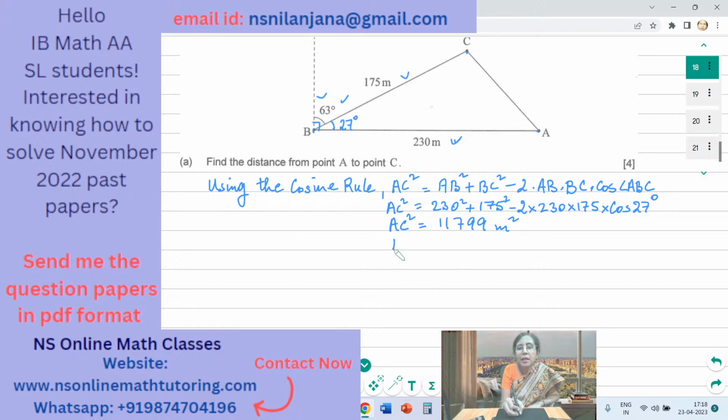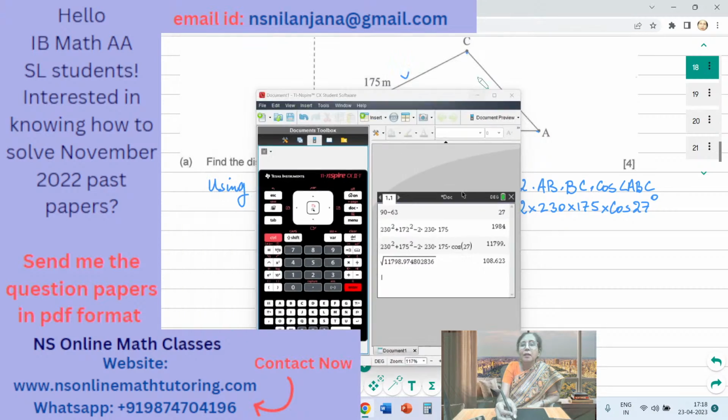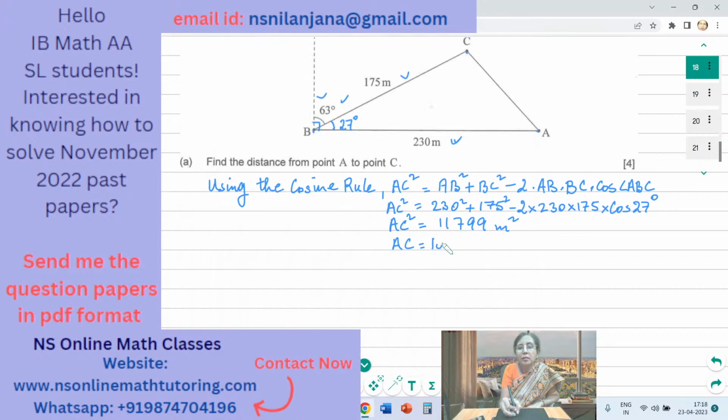So AC is equal to the square root, which is 108.6. I can take up to 3 significant figures, so it will be 109. Okay, so this is the answer.